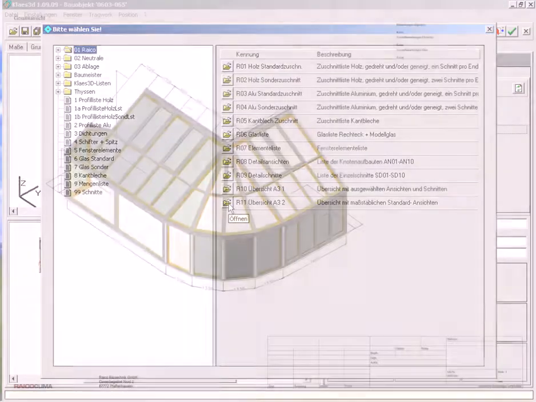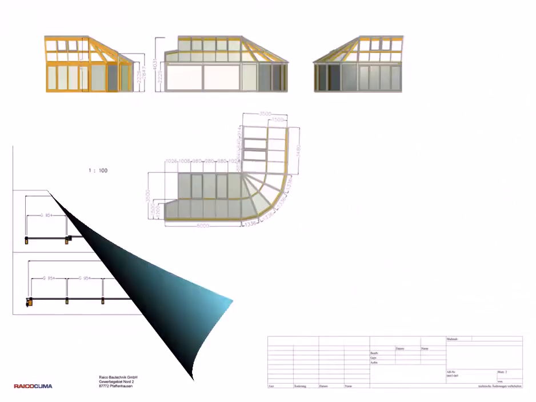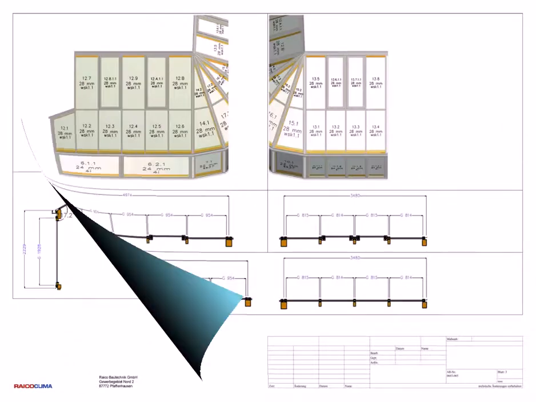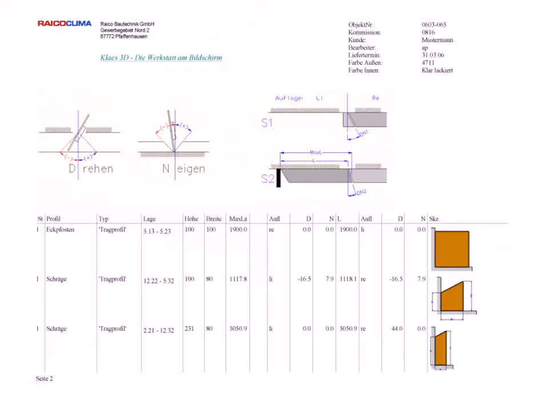For example, overview lists with 3D views, total view, and views which can be a combination of both full or partial sections.